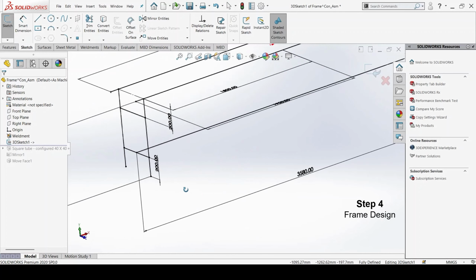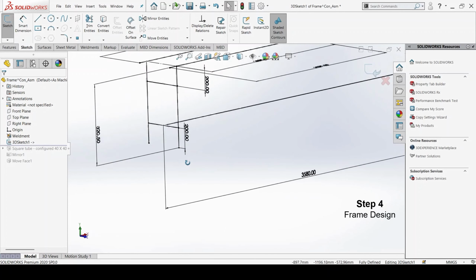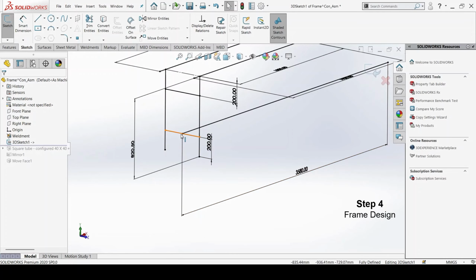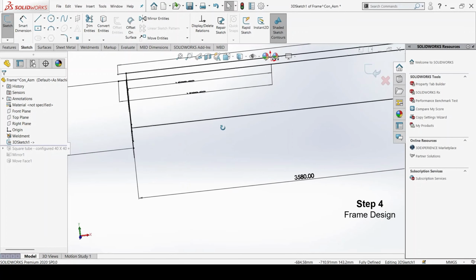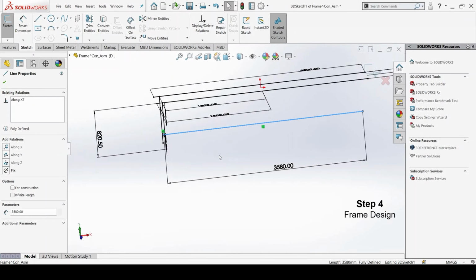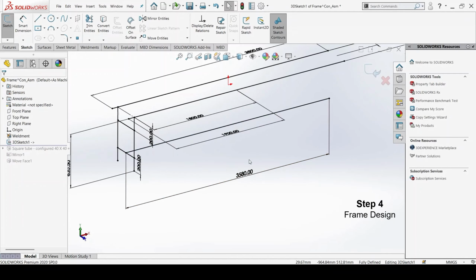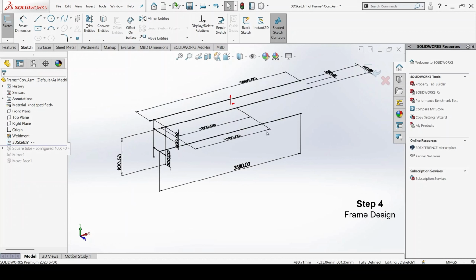As in the machine layout I have mentioned this dimension to be 200, so I placed a cross member at 200 height, and again a long member for support. This member is of dimension 3580, and in the next step I will mirror the members over here on the left hand side, that will be coming also on the right hand side.